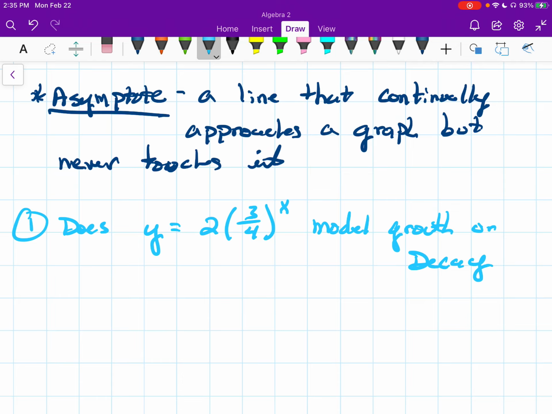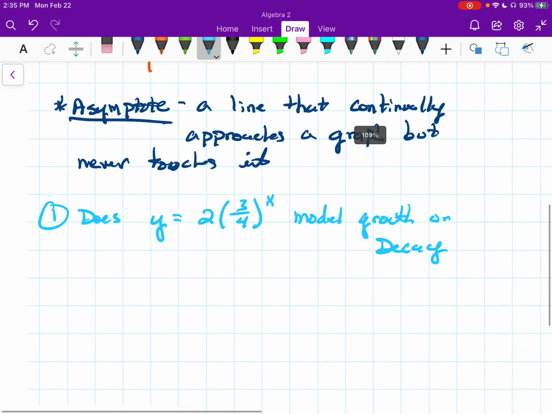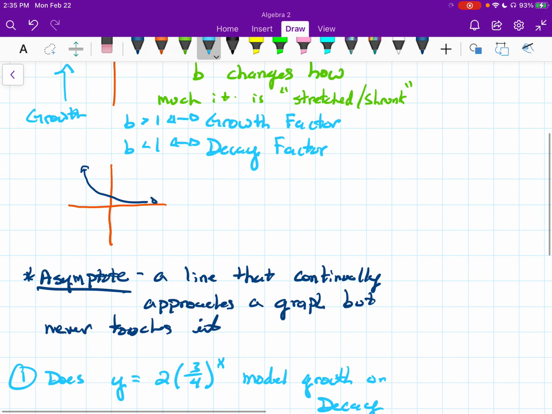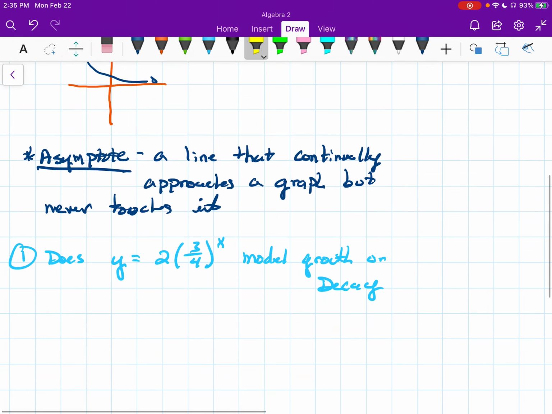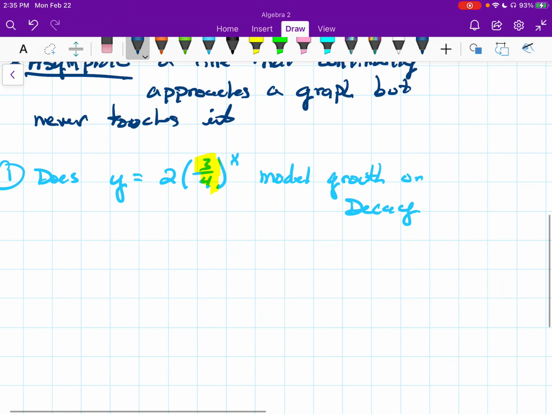Does it model exponential growth or exponential decay? The way that we decide that is we look back up here. Whenever b is greater than 1, it's a growth factor. Whenever b is less than 1, it's a decay factor. So we care about this piece right here. 3/4 is less than 1, so it is decay.